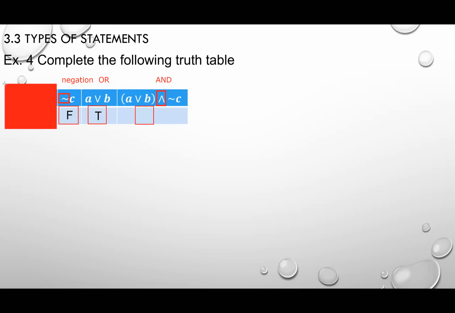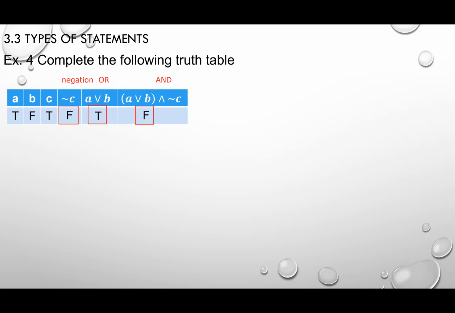So how do we find the AND statement? Well, reminder, the criteria for the AND statement is that as long as one of them is false, doesn't matter which one, the AND statement tells me that the result is false.